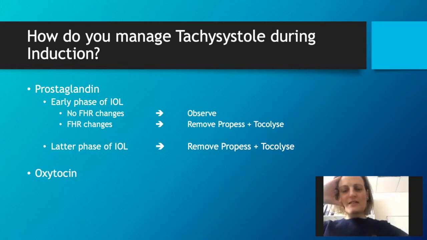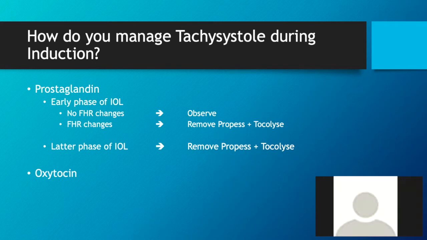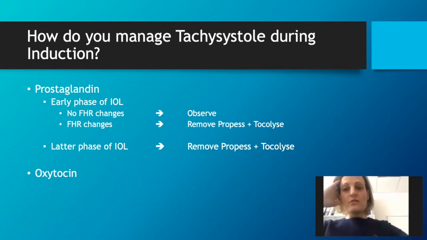We did say it makes no sense at all to give terbutaline and not remove the Propess. We did say that you can remove the Propess and you shouldn't ARM, which was an error of the past, because by ARMing you are increasing the natural prostaglandin release. So you are giving the baby a rest, and once the baby improves, you can examine and see where the situation is.